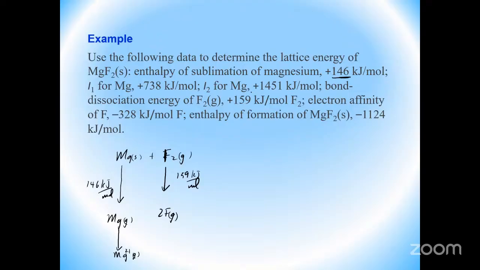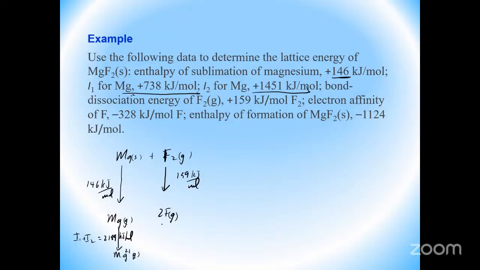So according to the question, where is it? They gave you the first ionization energy and the second one, right? So that will be the total of 738 plus 1451. So according to my calculation, I1 plus I2 will be equal to 2,189 kilojoules per mole. All right.